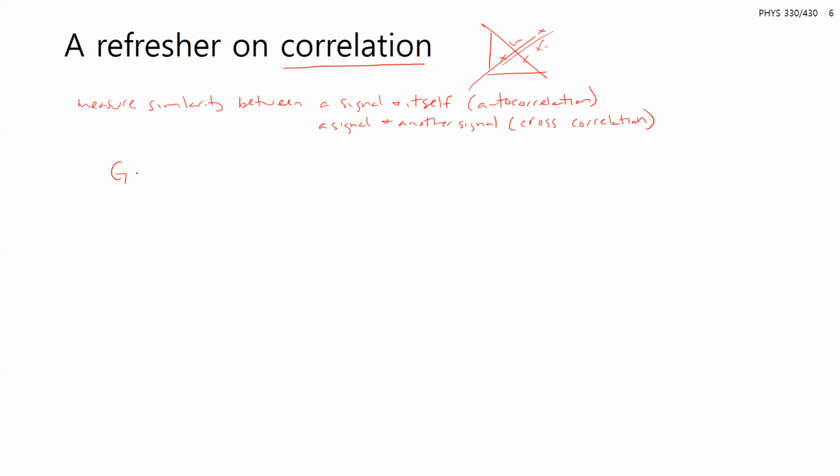But the definition for correlation traditionally would be, and I'm talking about cross-correlation here, that's why I'm saying XC, it would be the integral from negative infinity to infinity of your signal, one signal f of t, times your second signal h of t plus tau, integrated over all of time. So this is a traditional definition of correlation, and if f of t equals h of t, that's going to be autocorrelation then instead.